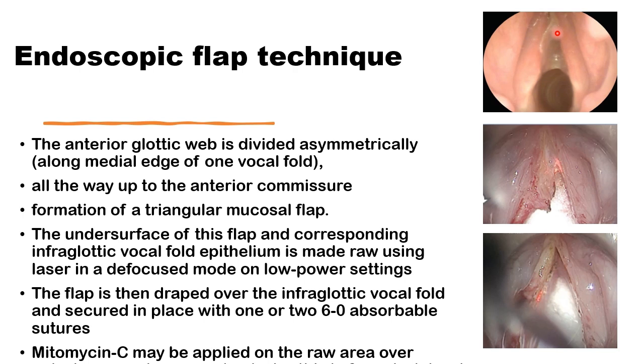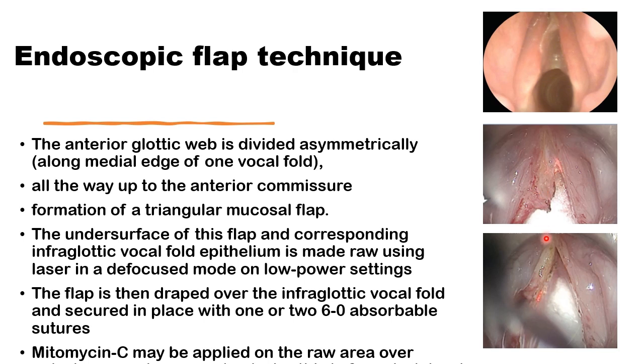And this triangular flap can then be de-epithelialized, the undersurface of it, by the use of laser. So the undersurface of this flap would be retracted and de-epithelialized by using a defocused laser at a very low power setting.